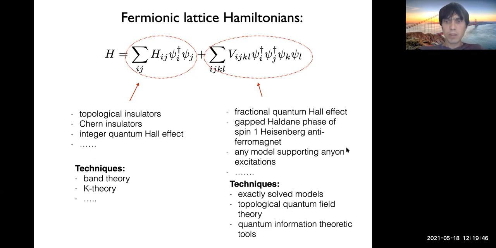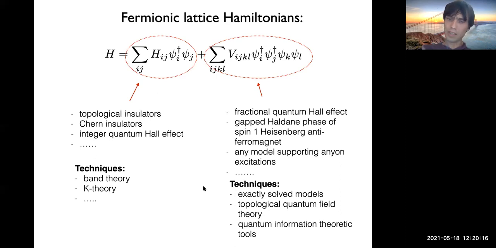So in the rest of the talk, I want to emphasize that while for these free fermion phases there's really a wealth of techniques and a rigorous framework for understanding them, on the strongly correlated side, like I said, there's just a patchwork of ideas and various techniques, which don't necessarily all have a rigorous basis.